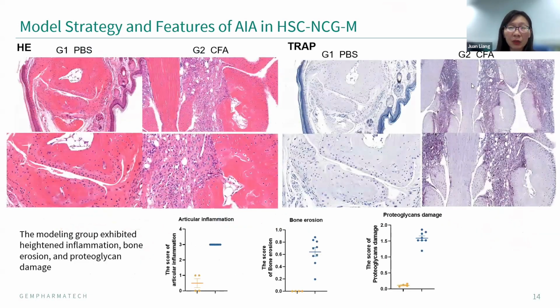And in the histopathological study, we performed HE staining and also TRAP staining. From these figures, we could find that the modeling group exhibited heightened inflammation levels and also bone erosion. We also observed other bone damage in this modeling group.